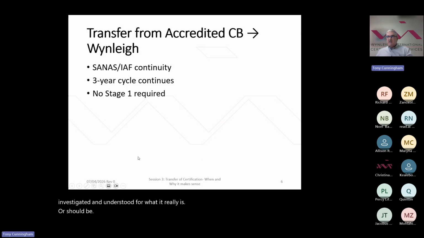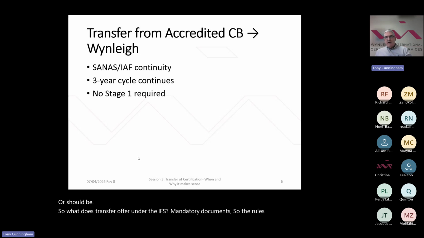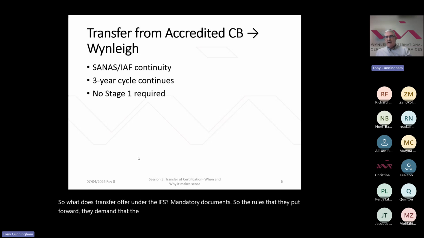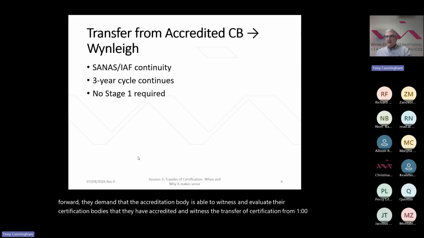So what does transfer offer under the IAF's mandatory documents? The rules that they've put forward demand that the accreditation body is able to witness and evaluate the certification bodies that they have accredited and witness the transfer of certification from one to another, making sure that all the rules are followed.